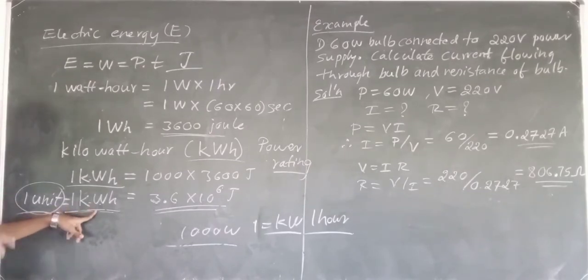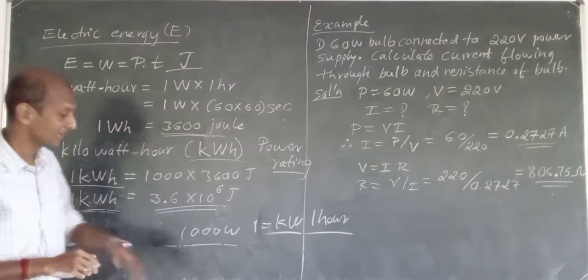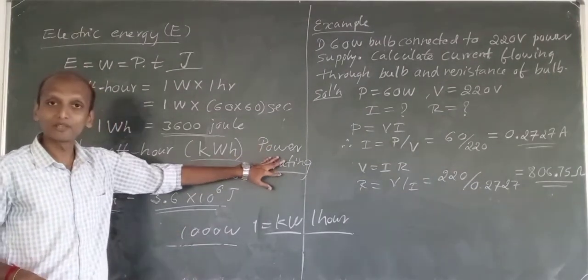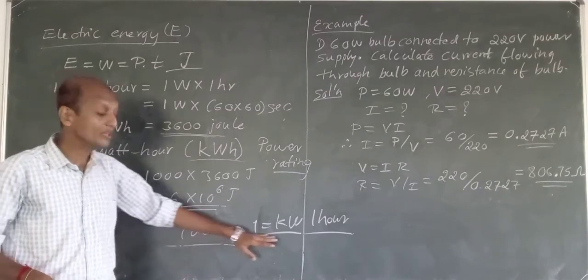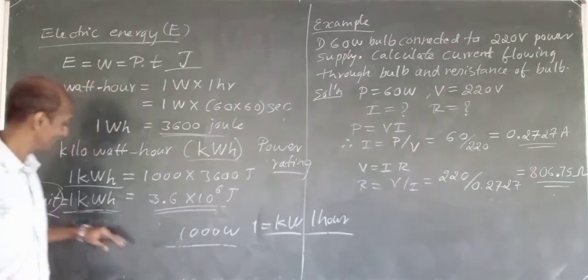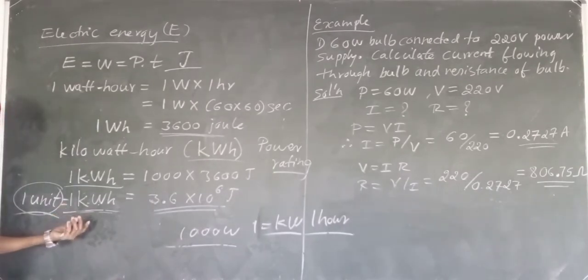Fine. 1 kilowatt hour is equal to 1 unit. If an appliance or device having a power rating of 1000 watts or 1 kilowatt is operated for 1 hour, then the electrical energy consumed is 1 kilowatt hour, and that is equal to 1 unit.